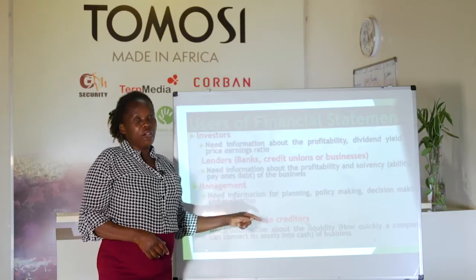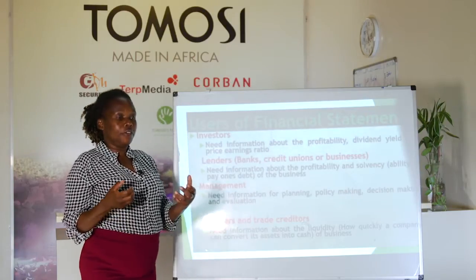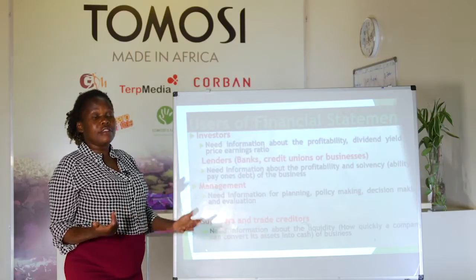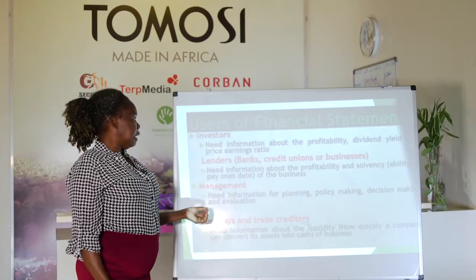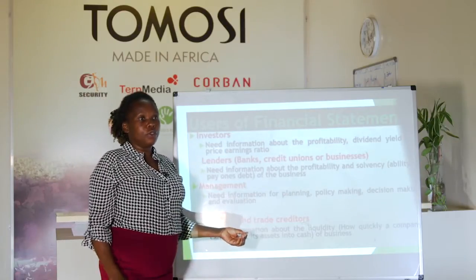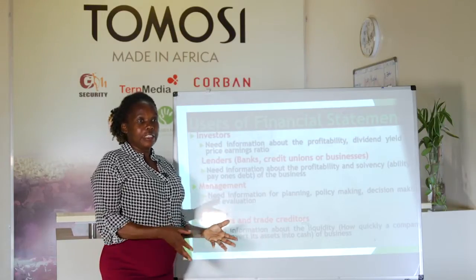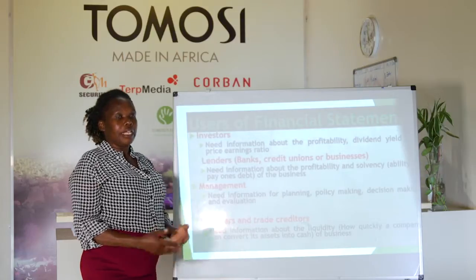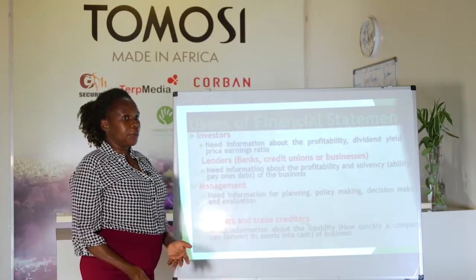Is it liquid enough to pay back? Or is it something that, if you tag on it, you cannot easily sell? The bank or the lenders will not want that. That's why most people always go for the vehicle, because you can't get stuck with a vehicle as long as it's in good condition. You can easily turn it into cash. You can easily turn a building into cash.